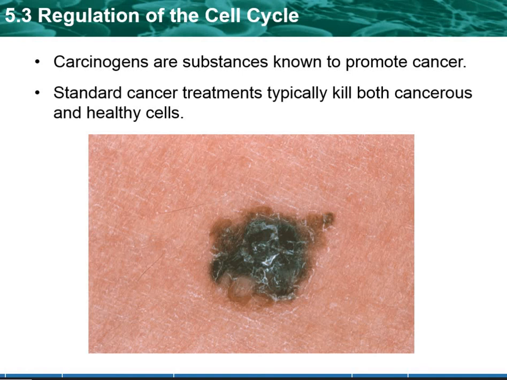And again, it affects both healthy and cancerous cells. So that's why individuals that usually have cancer treatment end up having issues of being sick and feeling run down and things like that. It's because these normal cells that are usually making copies of themselves are not doing that as well. So that is the end of the notes for section 3.